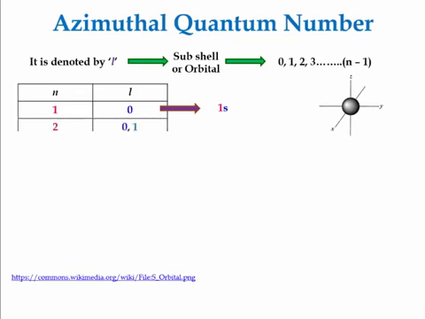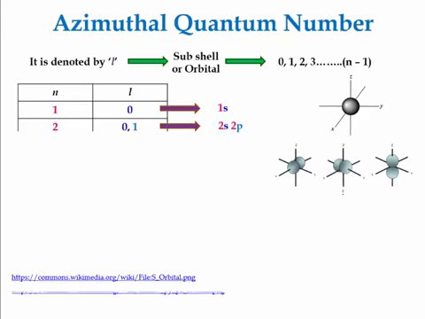If the value of n is 2, L will have 0 and 1. That means the electron can be in 2s or 2p orbital. Understand that if the value of n is 2, it can be 2s or 2p. And 0 stands for s and 1 stands for p. In the same way, if the value of n is 3, that indicates 0, 1, 2.